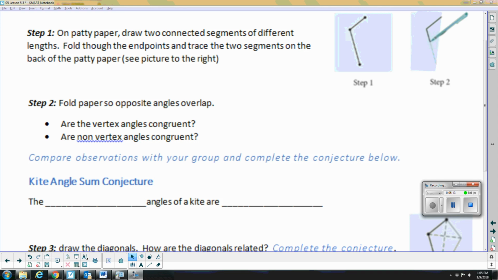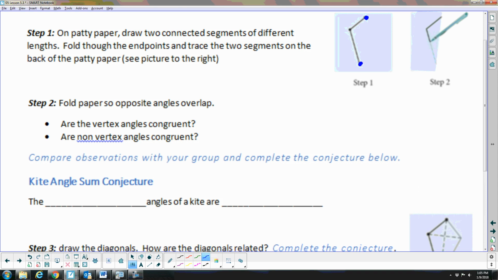So first, you want to draw two connected segments of different lengths. So you're going to fold your paper in half through those vertices, or through those endpoints. So you would fold the paper right here. This would be your fold line. And then you would trace on the other side. And then when you unfold, you're going to get a kite.